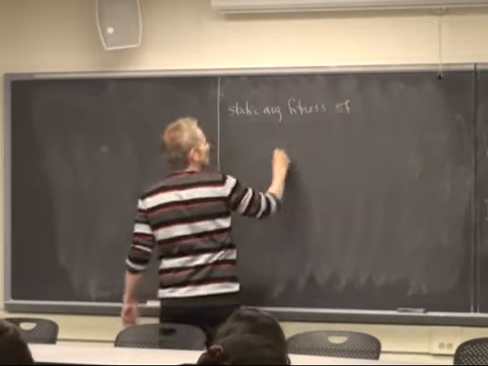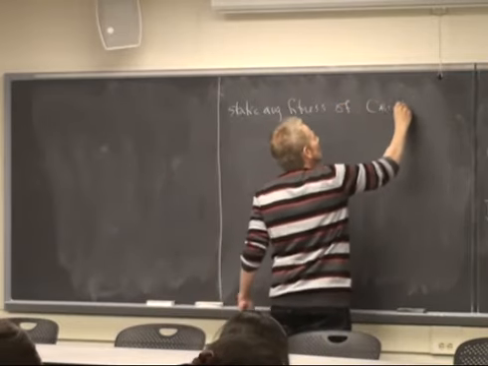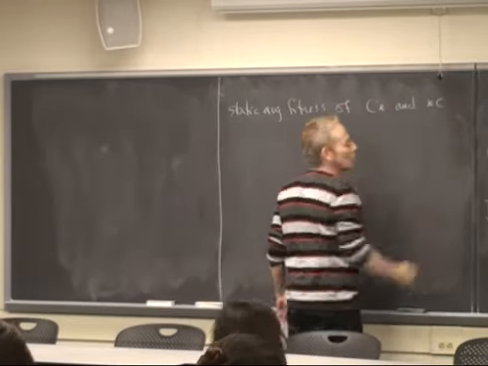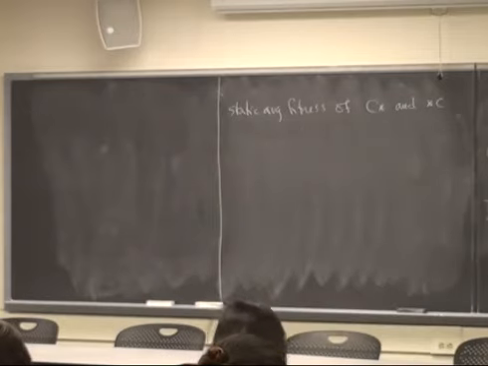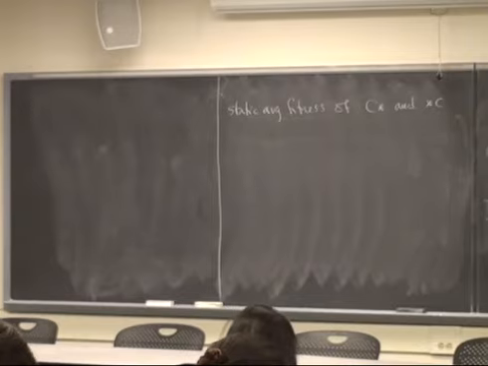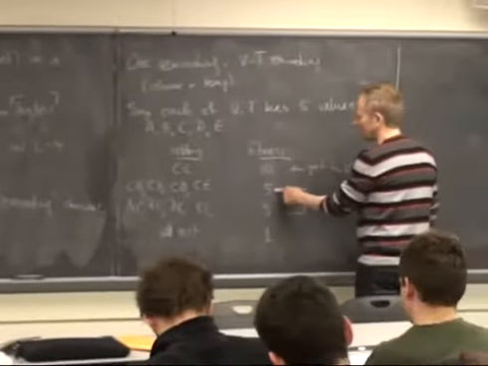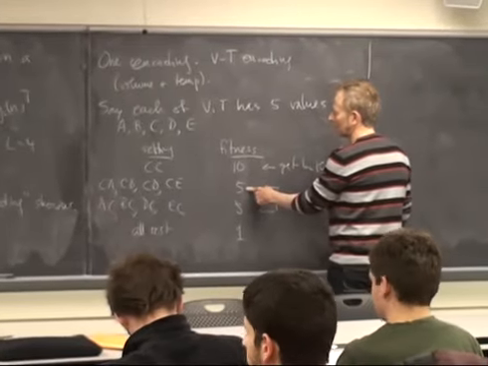So here the static average fitness of the schemas C star and star C, both of those are going to be what? Well, you have to add up the fitness of every string in the schema and divide by the number of strings. So it's going to be 10 plus 4 5s.